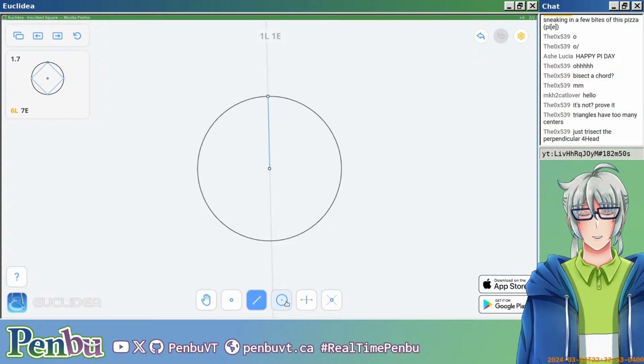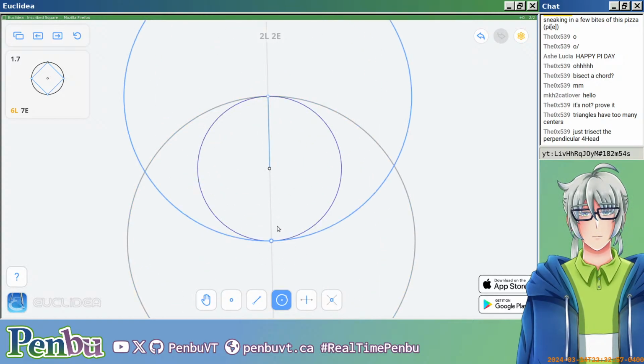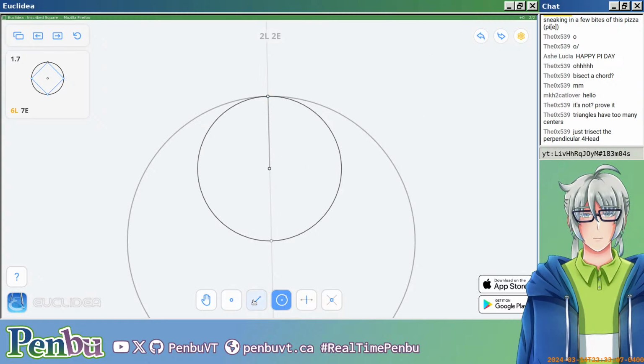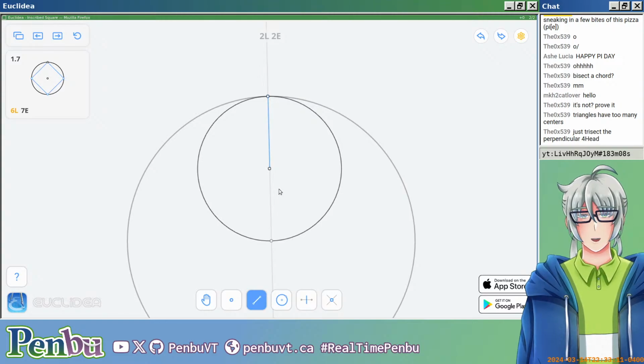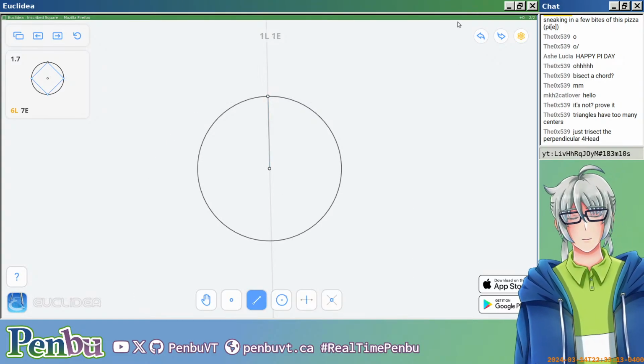What other insights do we have? I feel like we're supposed to be able to reuse a circle somewhere.